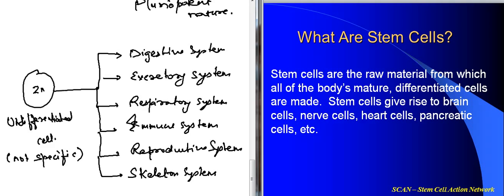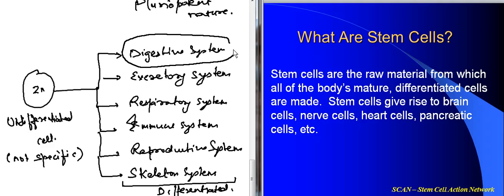Okay, so now all these cells are your differentiated cells, because they are doing a particular work. Cells of the digestive system will only confine to the work of digestion. They are not going to do the work of the excretory, respiratory or immune system. All systems are doing independent work. So that means this undifferentiated cell has a tendency to form any type of system.